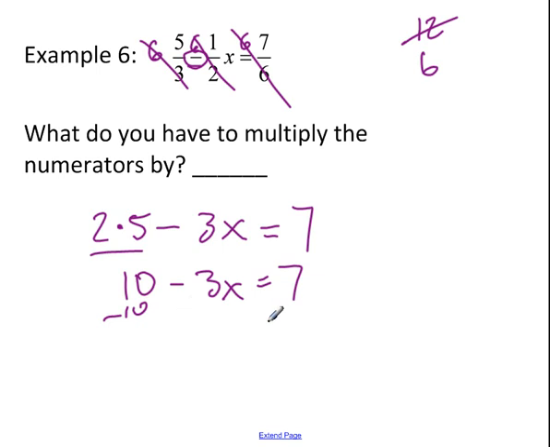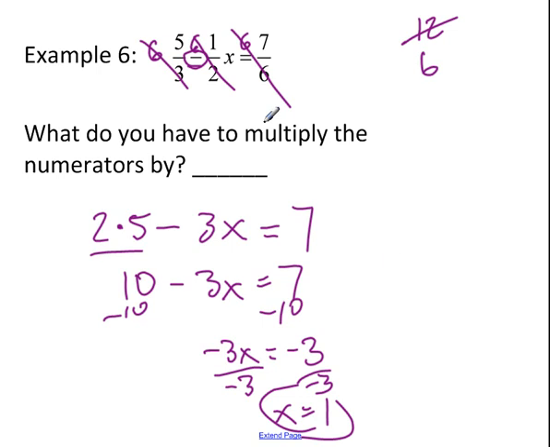Let's subtract our 10 from both sides, get our negative 3x equals negative 3, divide by negative 3, and x equals 1. Not bad. You take that number that they all multiply up into, you cancel some stuff out, and life is not so bad.